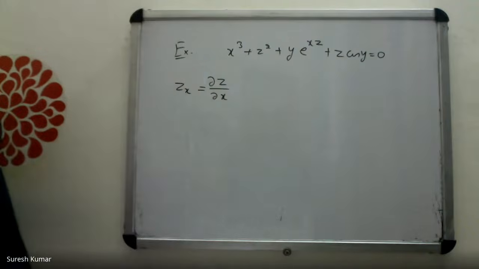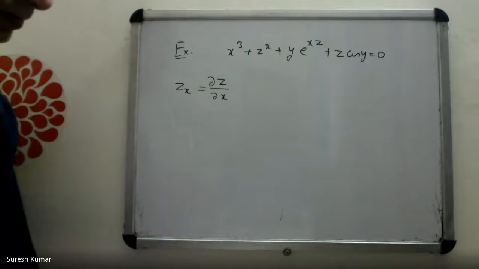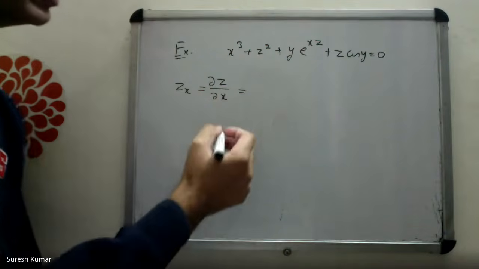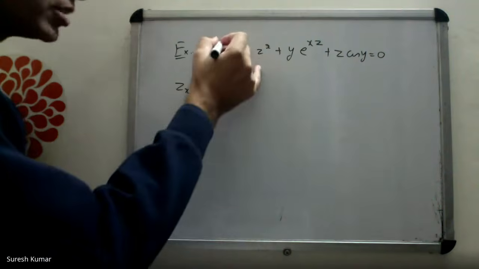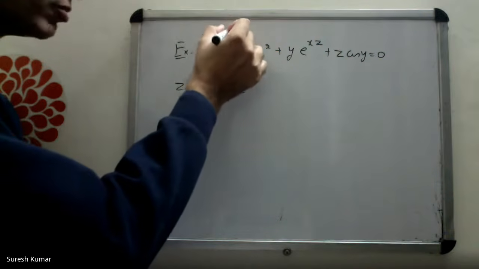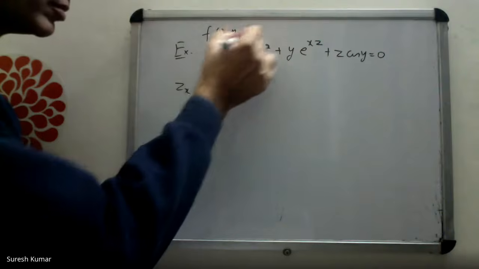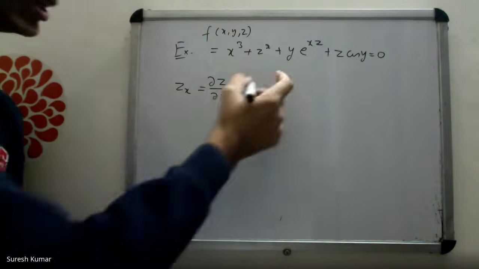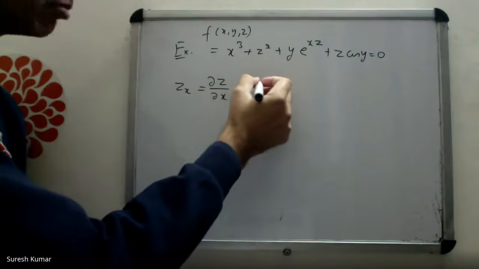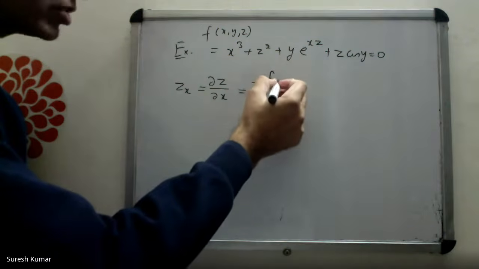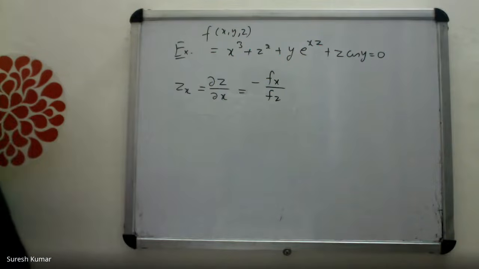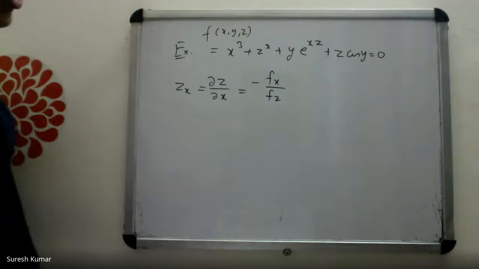How can we do this? If I assume this whole expression as f(x,y,z), a function of x, y, z, so I can write minus fx over fz for finding this, isn't it? Minus fx over fz.